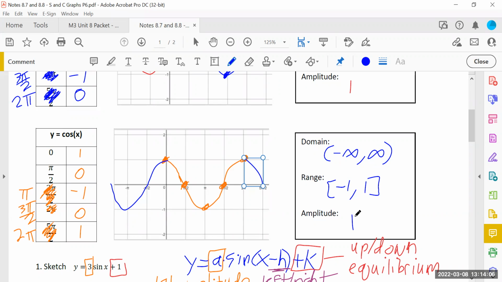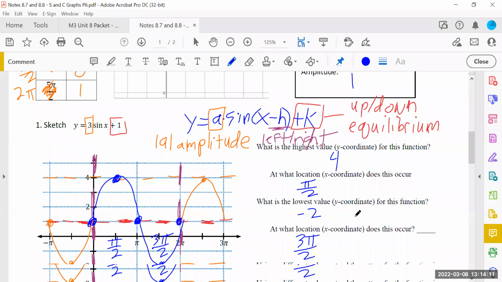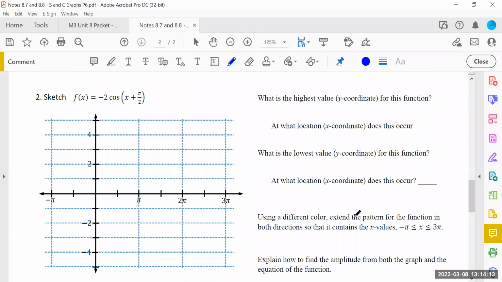So let's graph a slightly more interesting cosine then. Same rules as for sine. So turn the page to the next one. This one doesn't have a k value, so that means our equilibrium is still at 0. Okay. There's our equilibrium.